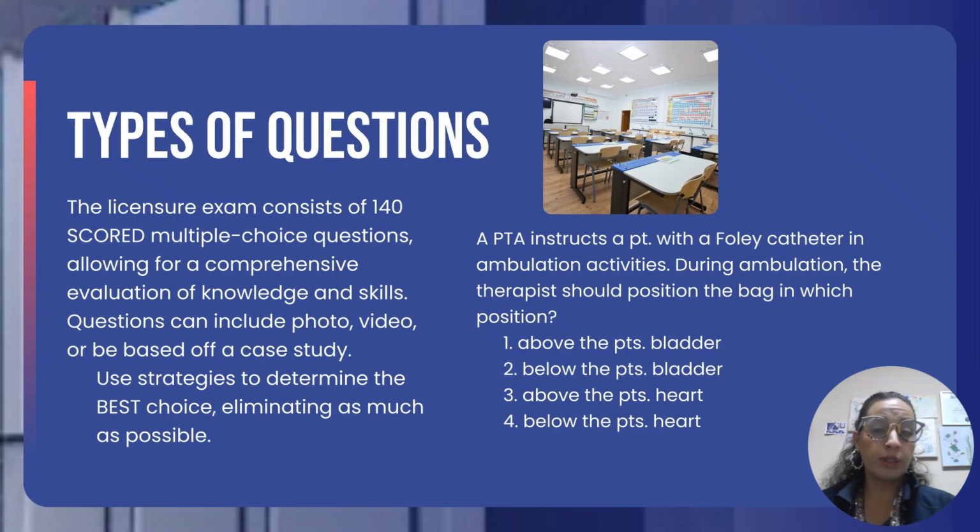And other little words like initial or least, picking the least choice instead of the best choice. A lot of times the questions ask for the best, but sometimes they'll throw in a least, and you have to notice that it says least.